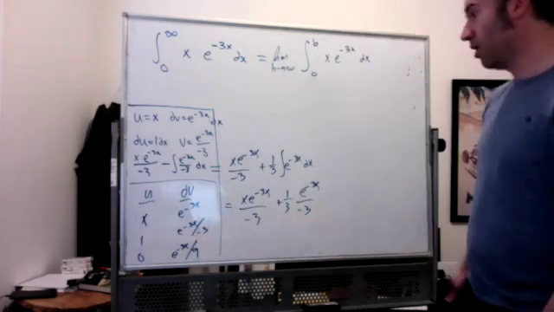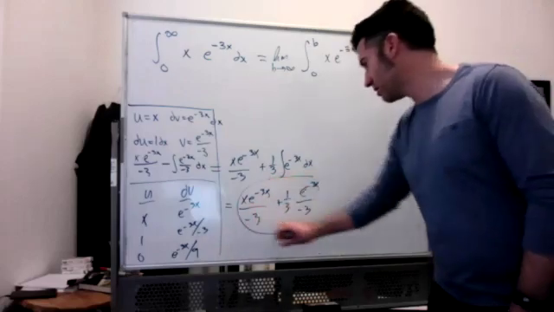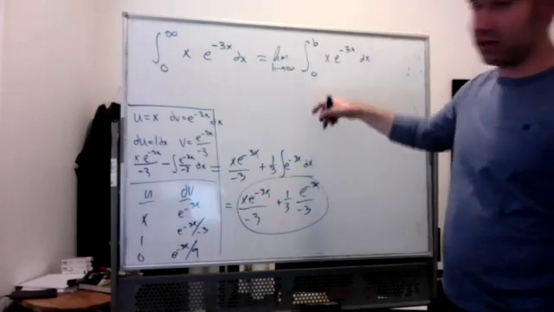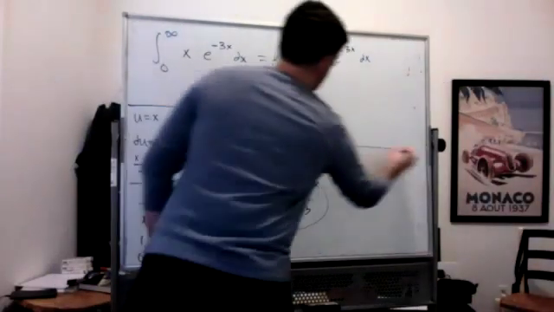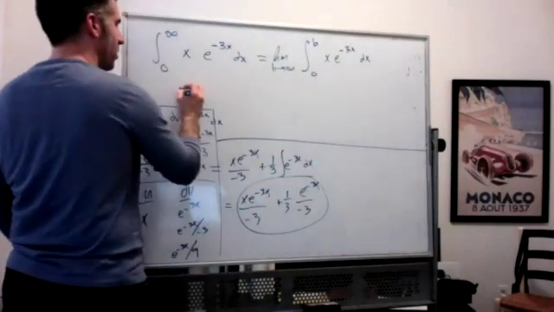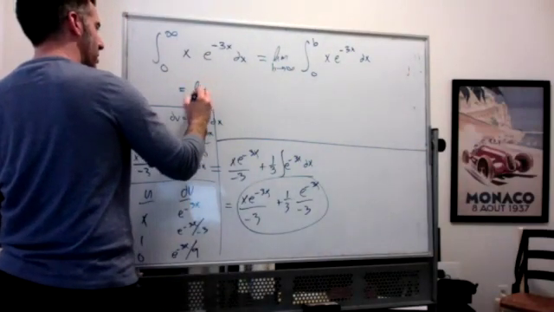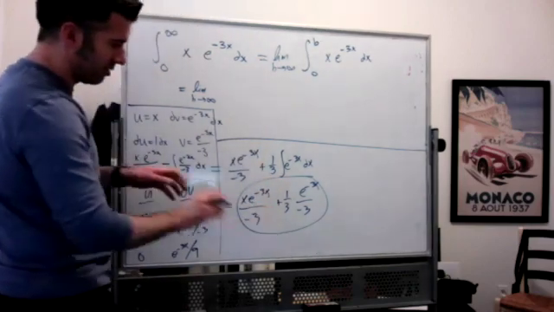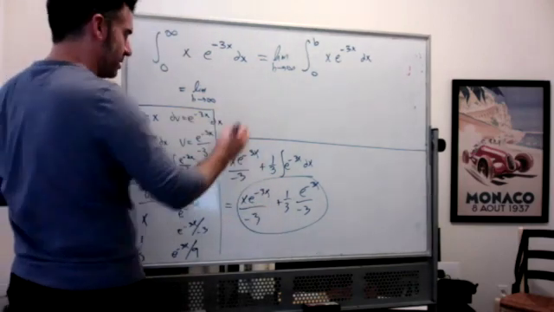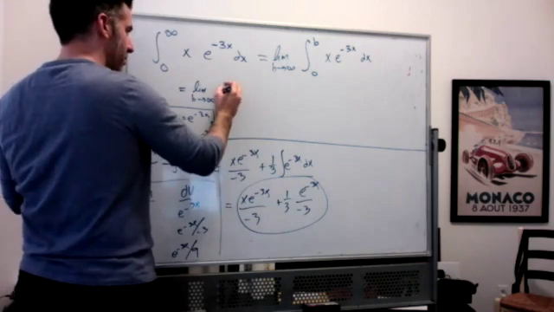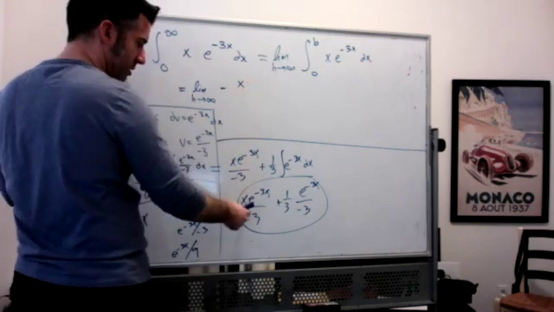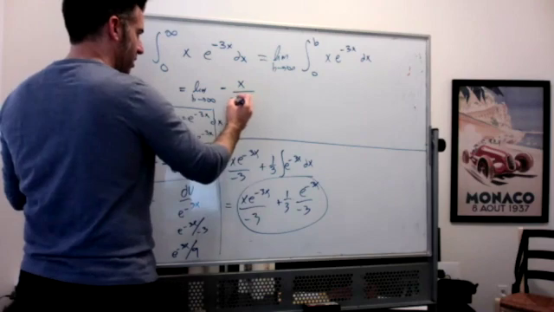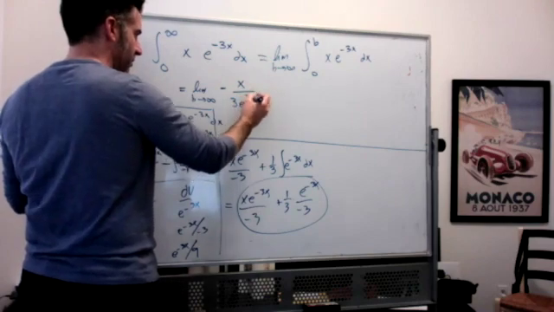Cool. Okay, so then we use this to deal with this. So this is going to equal the limit as b goes to infinity of this mess here. And I'm going to rewrite this a little bit. I'm going to rewrite this as negative x on top and 3e to the positive 3x on the bottom.